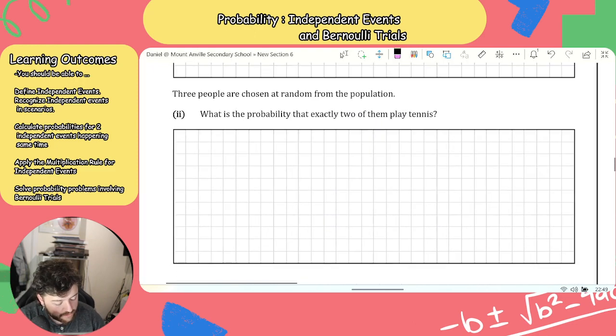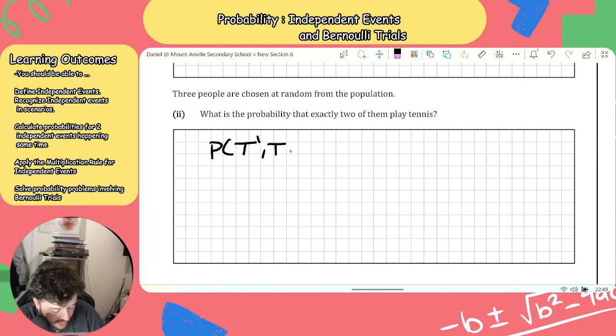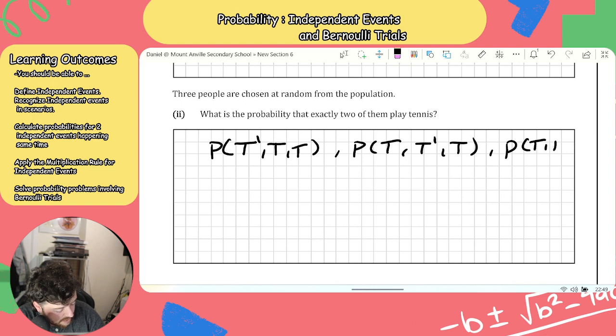3 people are chosen at random from the population. What's the probability that exactly 2 of them play tennis? So again, let's list out all of our outcomes. The first person doesn't play tennis and the last 2 do. Then the first person can play tennis, the second person mightn't, and the last person plays tennis. And finally, the first person plays tennis, the second person plays tennis, and the last person doesn't play tennis.